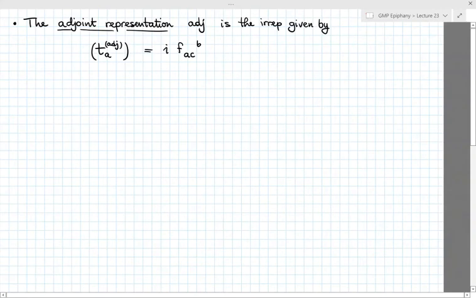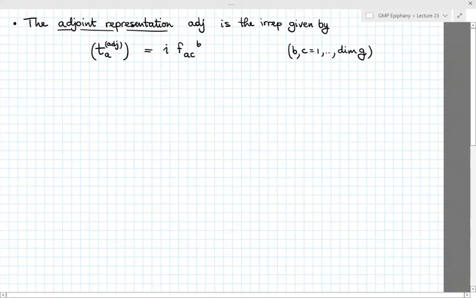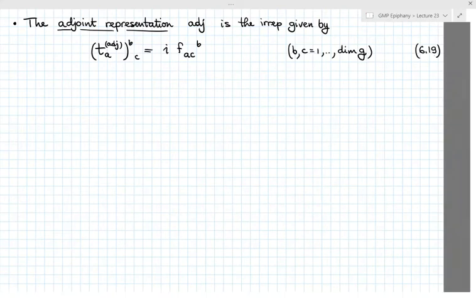Here, the adjoint representation will have a dimension equal to the dimension of the Lie algebra G. And so the generator TA, as a dim G times dim G square matrix, will have two indices, say B and C, and this is what the generator looks like in the adjoint representation.